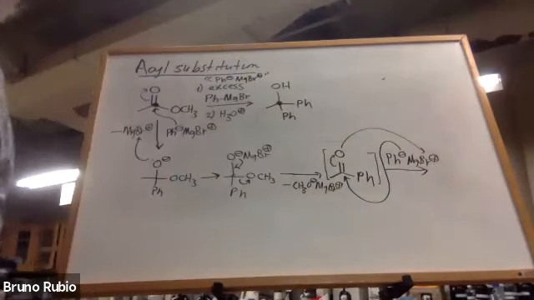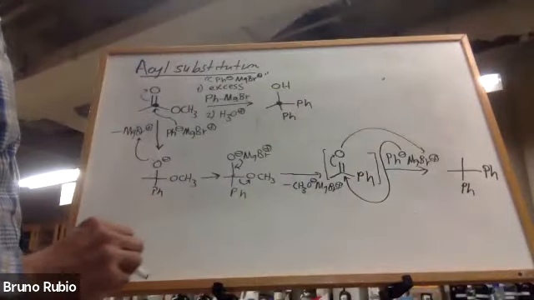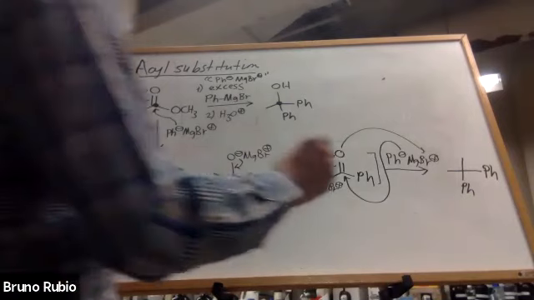A lot of arrows going on there, just mostly to save time. And so we get this thing where what used to be the acyl derivative has added a second equivalent of Grignard reagent.